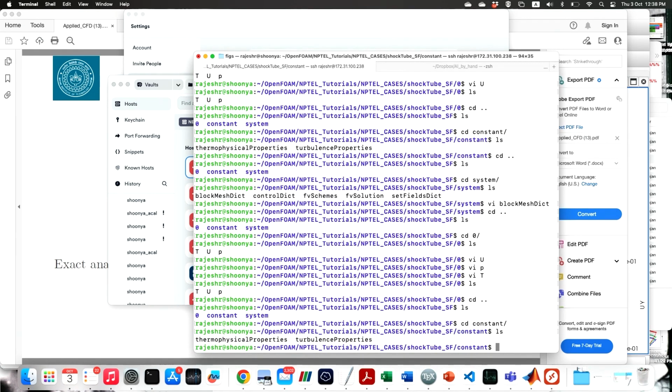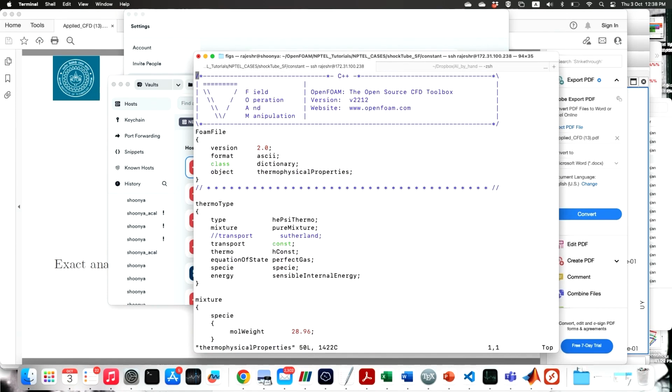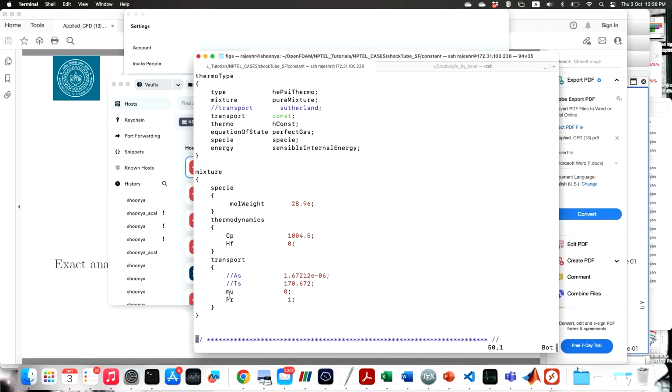Yeah, you go to the thermophysical properties. Here you can see that transport I am keeping constant, so I am not using Sutherland's law. I am not asking the solver to vary the viscosity with temperature. You can just keep the viscosity constant, and moreover, because we are comparing with the analytical solution, the viscosity is 0.